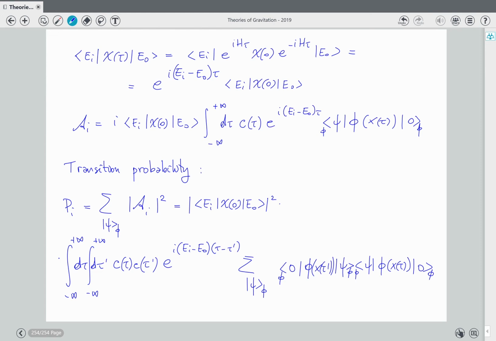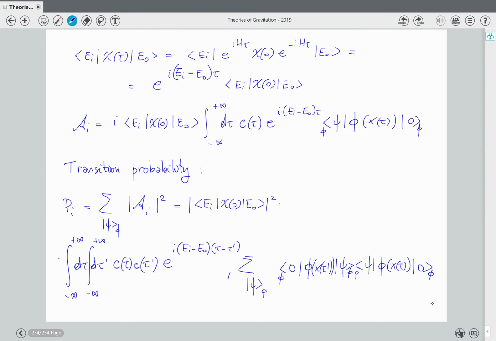The scalar field phi is assumed to be real, so I do not need to complex conjugate the scalar field phi, I just need to write the Hermitian conjugate of the average, which is the complex conjugate.